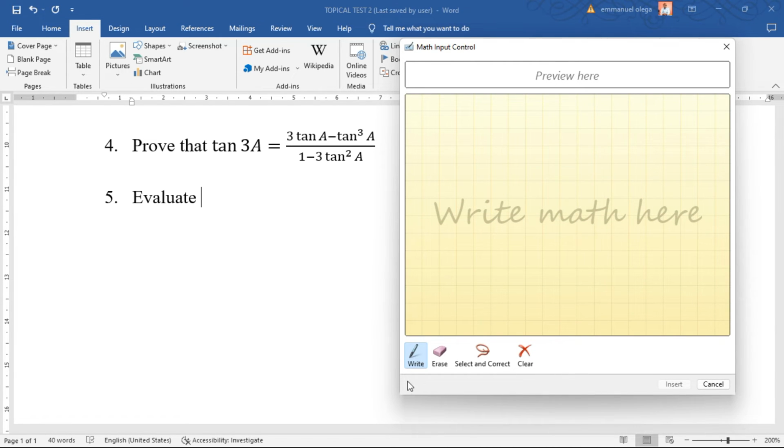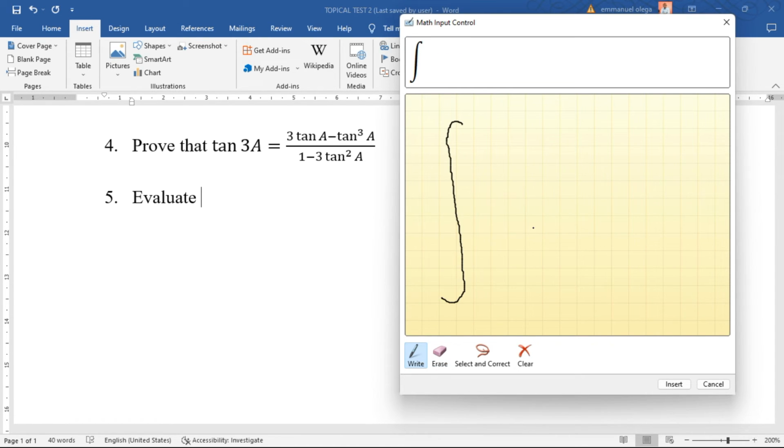Let's enlarge this. We're going to type in something more complex. So we're going to make a big integral sign like that.